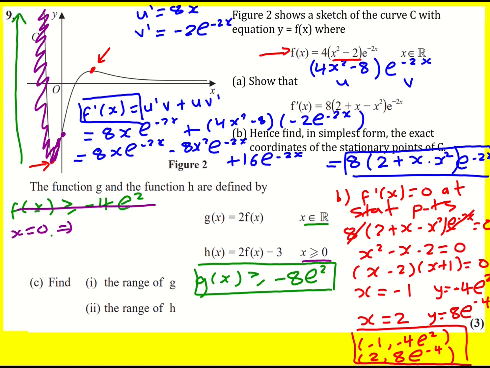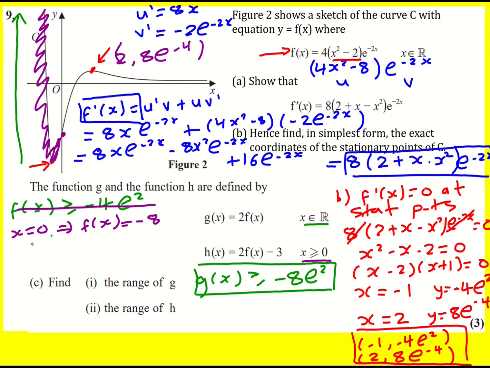So x is 0 implies f of x will equal 4 times minus 2, that's minus 8, e to the 0, so it's just minus 8. And then the maximum is going to be what we had before, 8e to the minus 4.